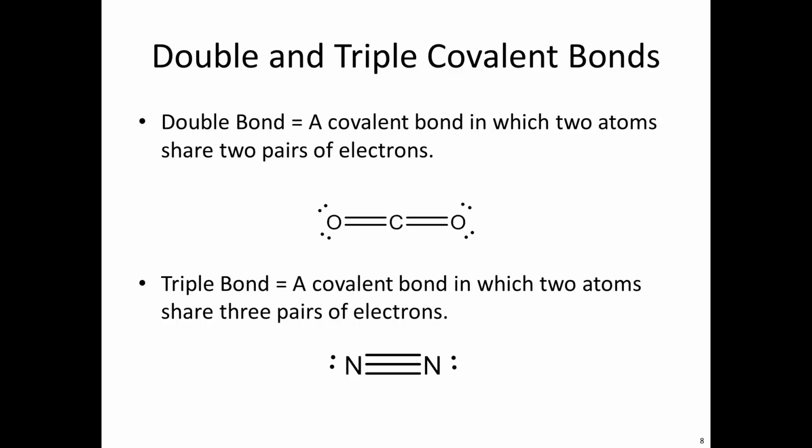Now, we don't only have to have single bonds between atoms. We can have double bonds where a covalent bond is sharing two pairs of electrons between two atoms. Here, the central carbon atom is sharing two pairs of electrons with the oxygen on the right.